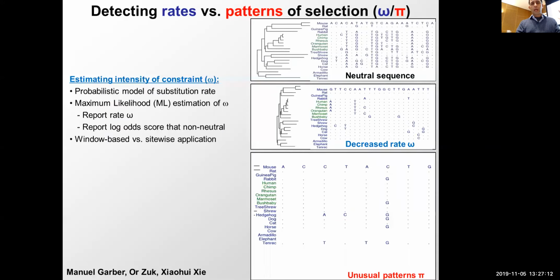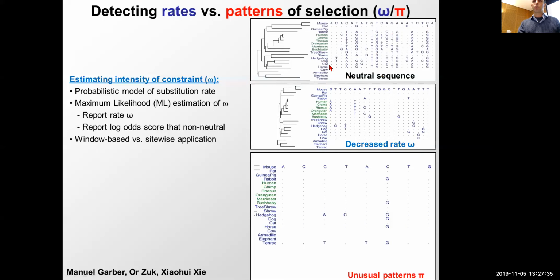So to get at these conserved regions, you could look at two different things. You could look at the overall rate of change, okay? So here's one example of a neutrally evolving sequence, and you can see that at every column of the alignment, if I have the same sequence as the reference, in this particular case the reference is mouse, then I put a dot.